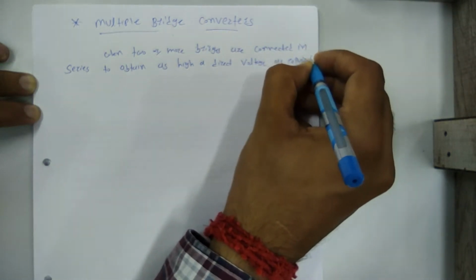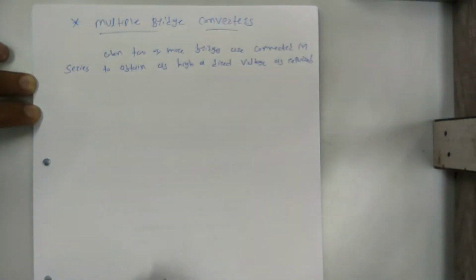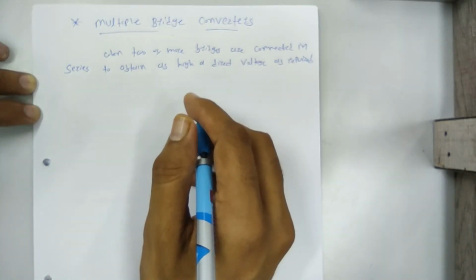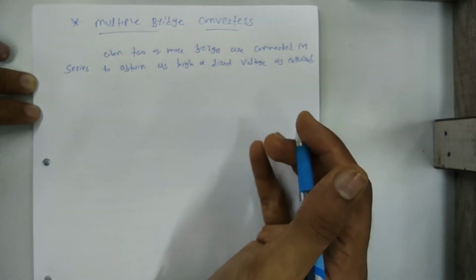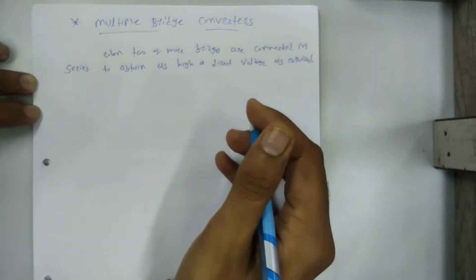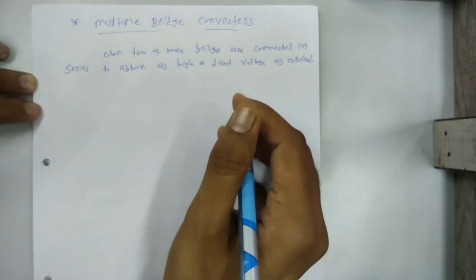So it means when you require the high direct voltage at the DC side, at that time you connect 2 or more bridges in series at the DC side. Clear? So that is called a multiple bridge converter.